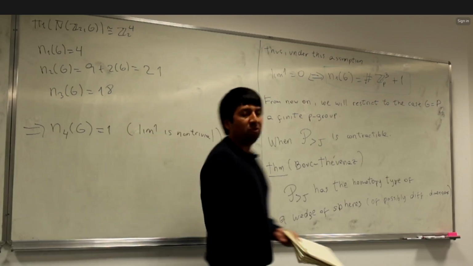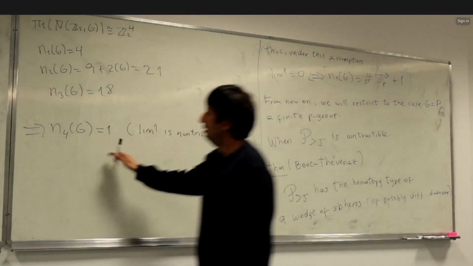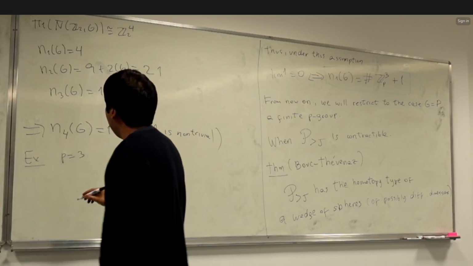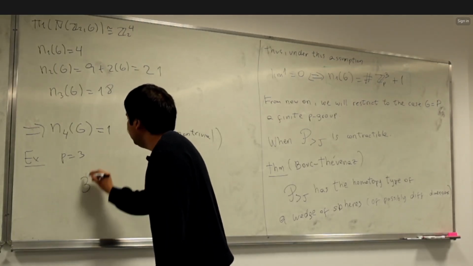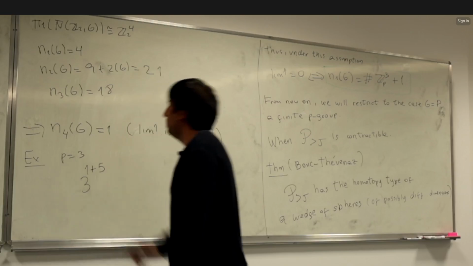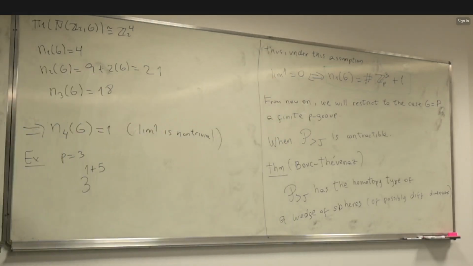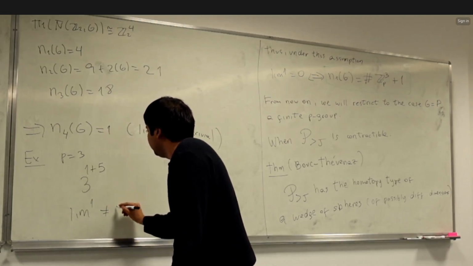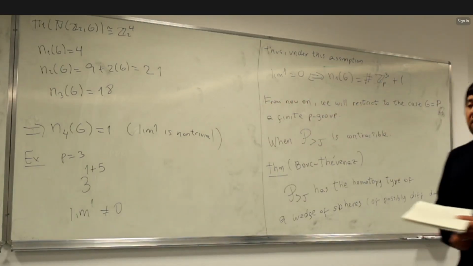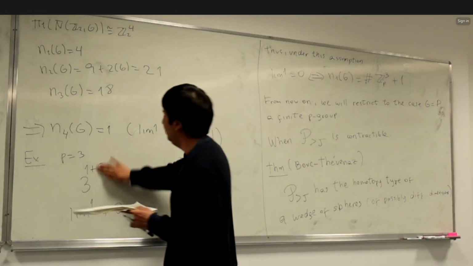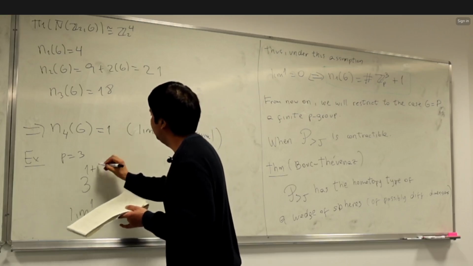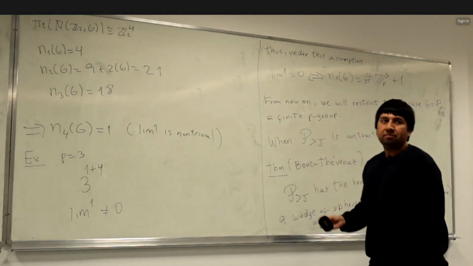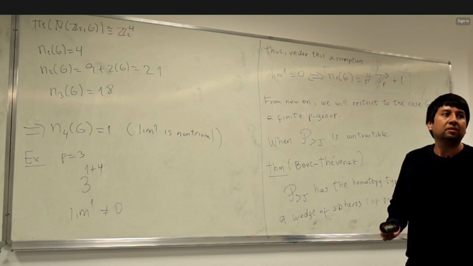Well, there is an example for p equals 3. We have to take this extra special group that is analogous to this case, and also lim 1 is non-trivial.